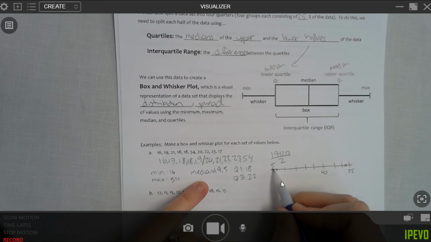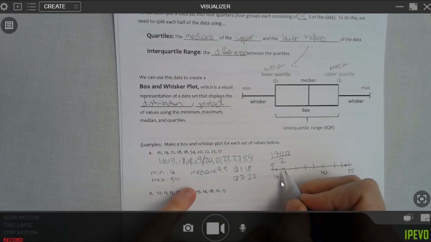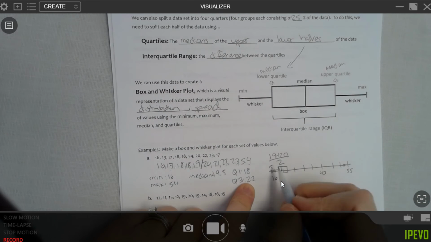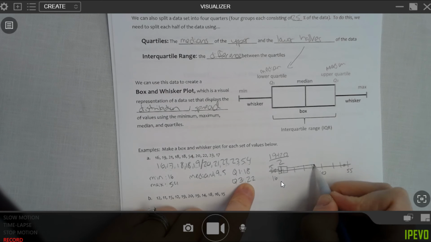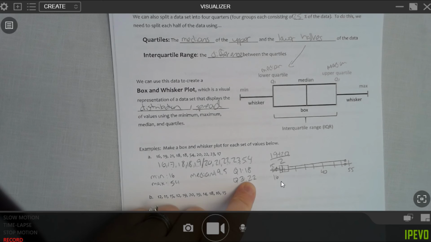The median would be right here. And then quartile 1 is right here. So I have a box like this. And this one goes up to 22 right here. So here is our box. Like that. So it's going to look like this for your numbers.